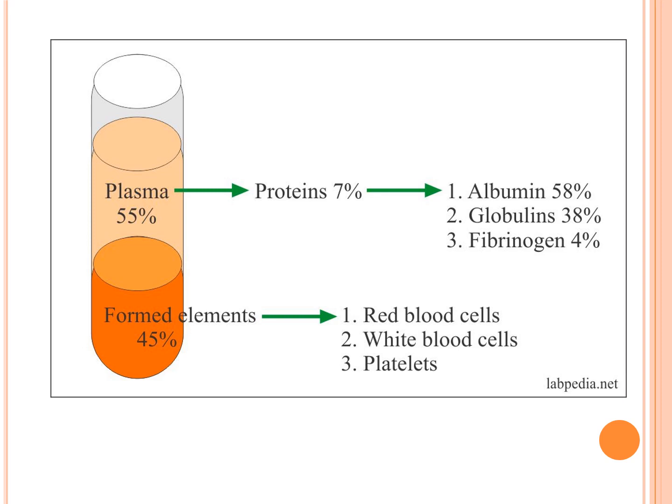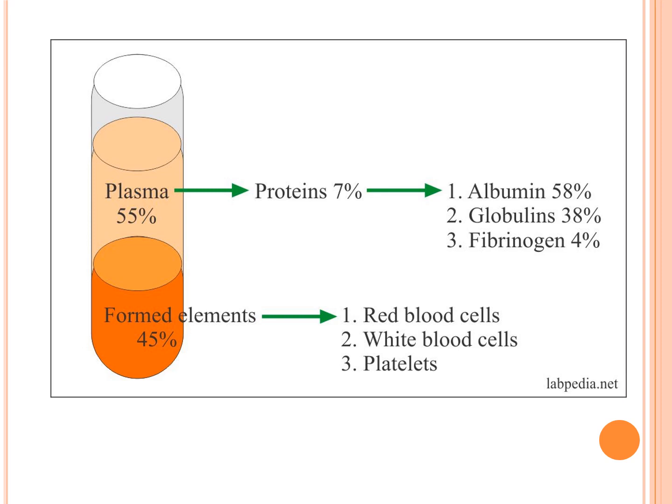Because of hemoglobin, these cells are red in color. We have approximately 50 to 60 lakh RBCs. They are produced in the bone marrow and they live for 100 to 127 days in our body. Once this period is over, they get destroyed and new RBCs are made in the bone marrow.